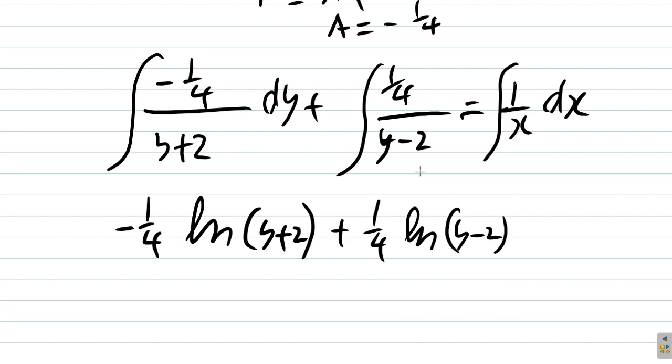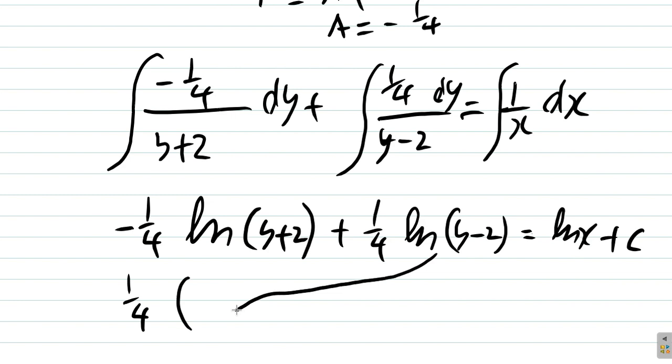Oh, by the way, I didn't write the dy here. You could let u equal y minus 2, or u equal y plus 2 as in this case here, and then you do your substitution. And this is equal to ln x plus c. So what you get is a quarter outside the bracket.